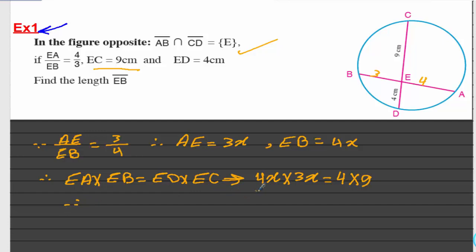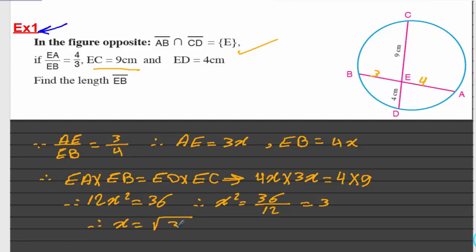So 4x multiply 3x, it is 12x power 2 equals 36. So x squared equals 36 over 12, which equals 3. So x equals root 3.